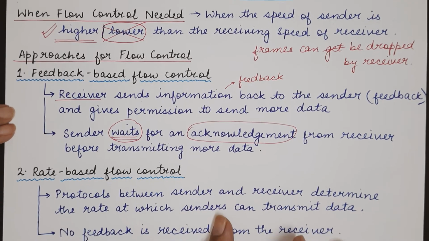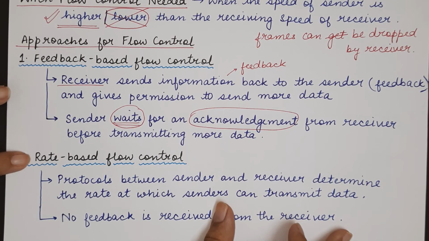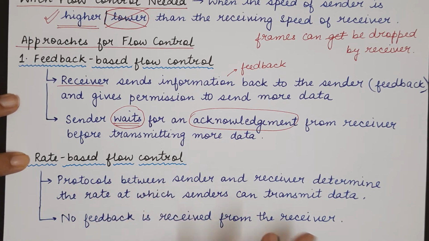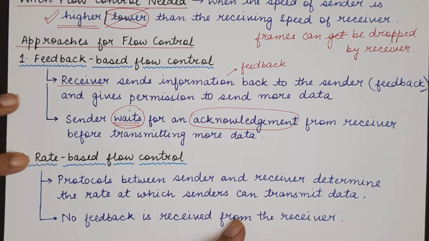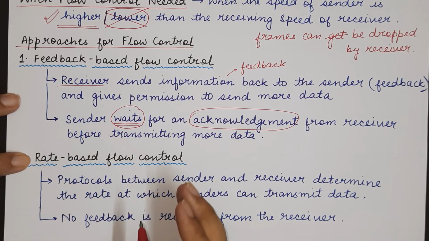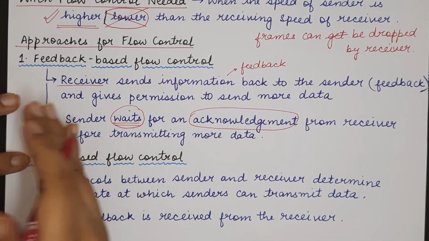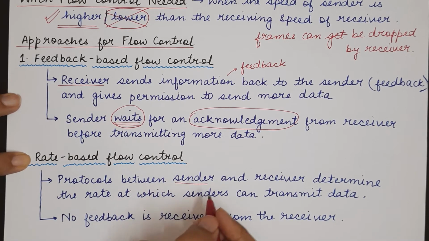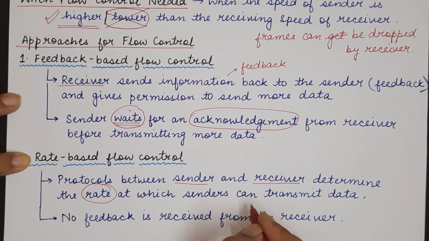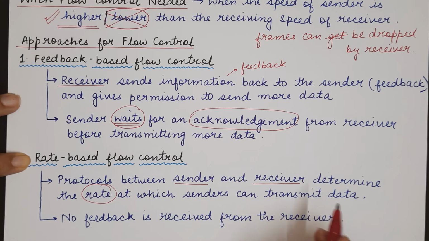Now the second technique used for performing flow control is rate based flow control. In this scenario, the protocol, or the set of rules governing the communication between the sender and the receiver, specifies beforehand the rate or speed at which the sender can send its data.